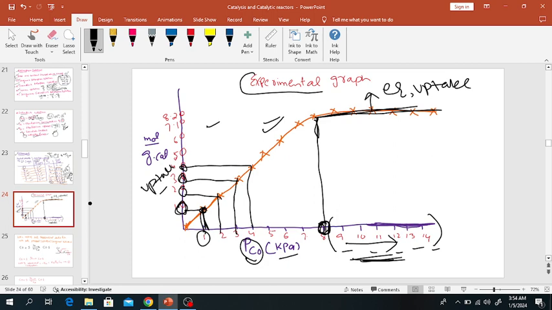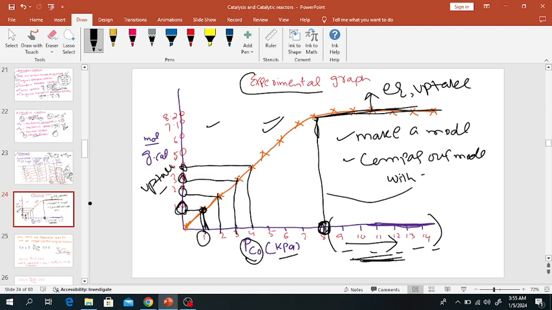We will make an adsorption model, and after making the model, we will compare it with this experimental graph, to see whether our model is related to this graph or not.